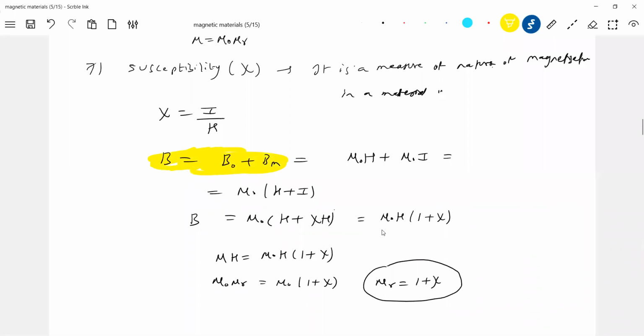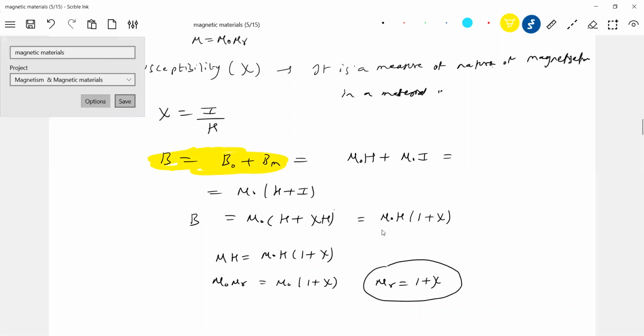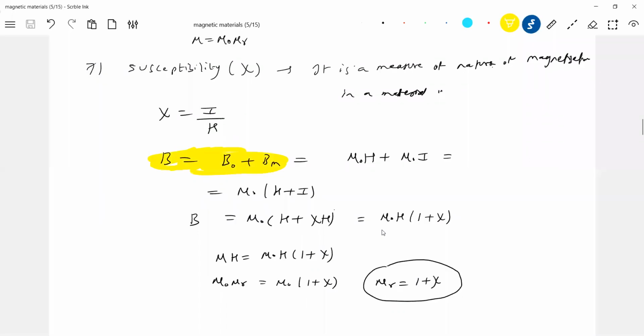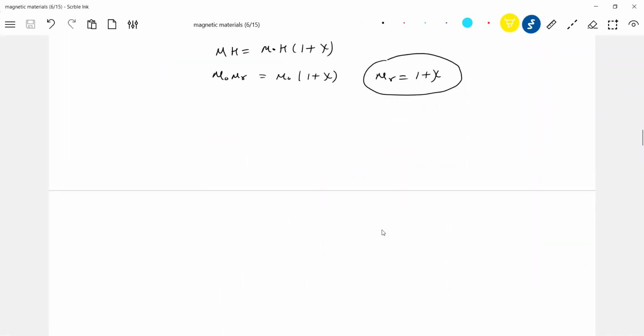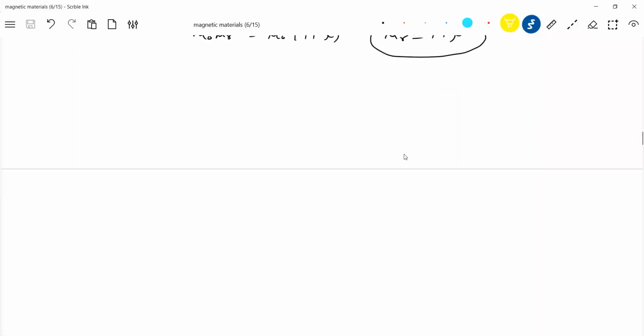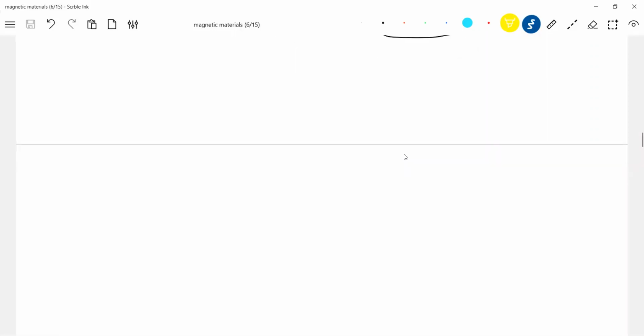Okay, I think now we have enough of definitions. So we'll get into the materials. The first one is what? I'll introduce the classification of magnetic materials. Now, good numericals they can ask you just based on these definitions also. If you just remember the formulas, it's okay.